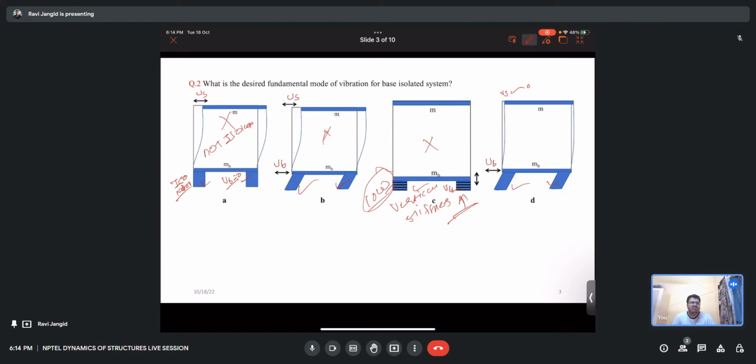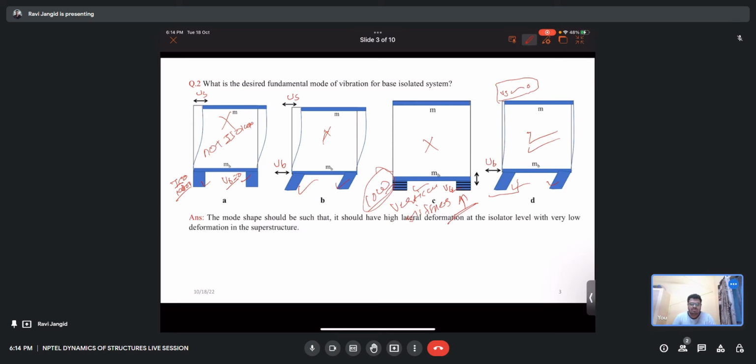Now come to this, in which we have deflection in the isolator, and not much deflection in the superstructure, around order 0. So this is satisfying our definition of the isolator. Okay, so option D is correct.